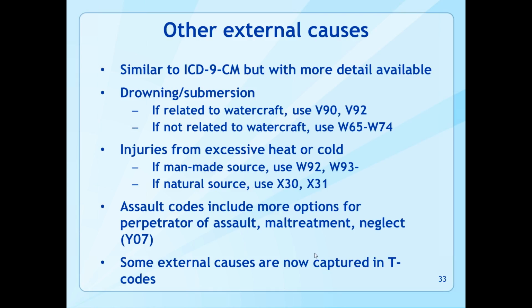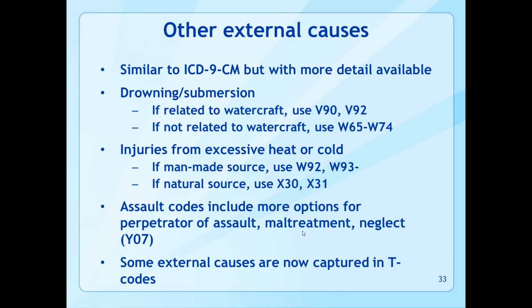It's just that there's more codes available in 10-CM to capture all of the detail. Same thing with the injuries from other intents, that is from the suicide codes or the intentional self-harm codes, assault, undetermined intent, legal intervention, operations of war, and terrorism. All the codes there are very similar between 9-CM and 10-CM, just a lot more detail in 10-CM.